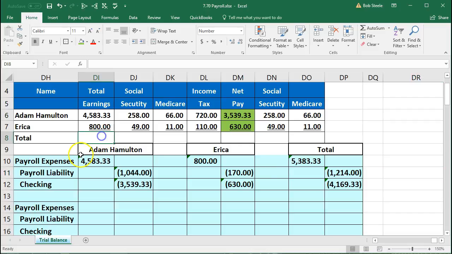If we summed up, as we typically would, the totals here in our payroll register, we can see that same information. I'm going to equals sum what was earned by Adam and Erica, tab.